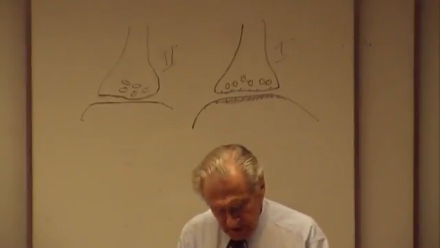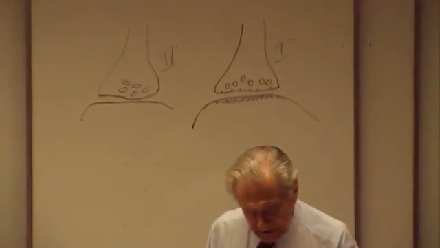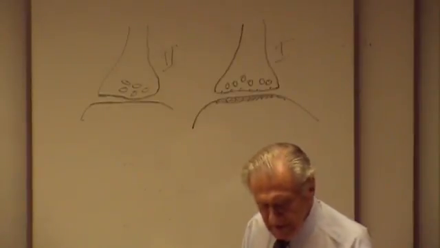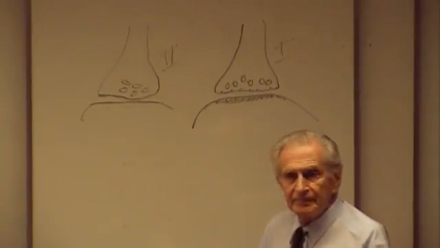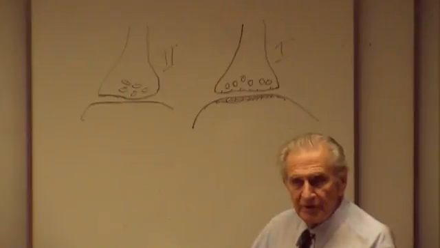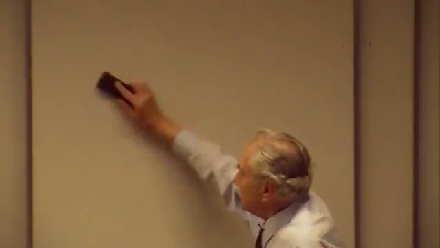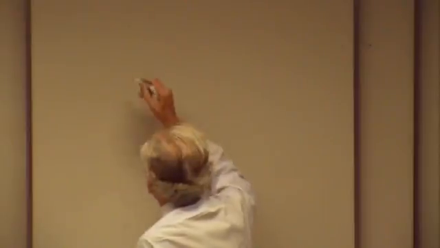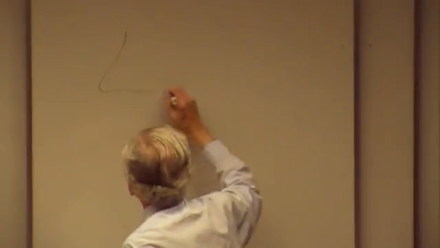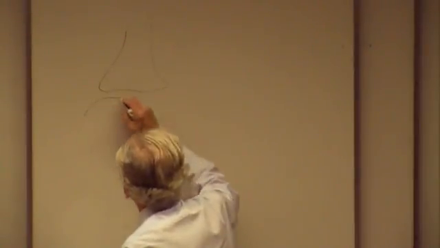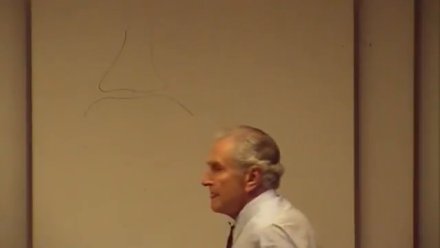Now, let's talk a bit more seriously about the kinds of synapses from a microanatomical point of view. I've already mentioned the chemogenic synapse, obviously, and we know what characterizes that.